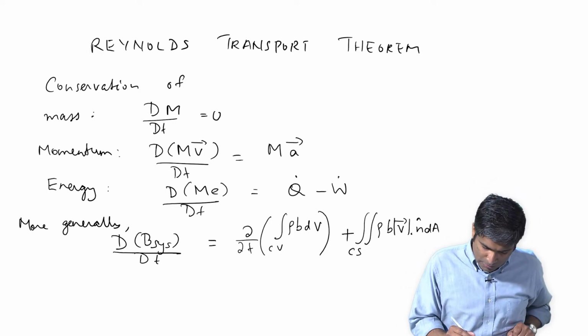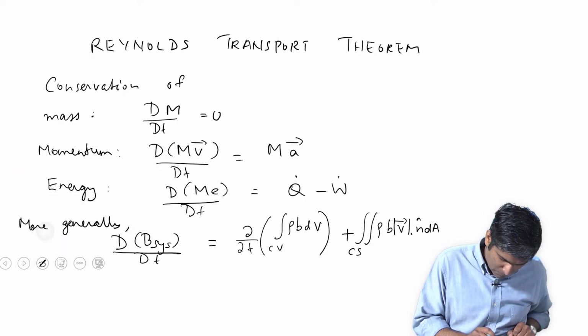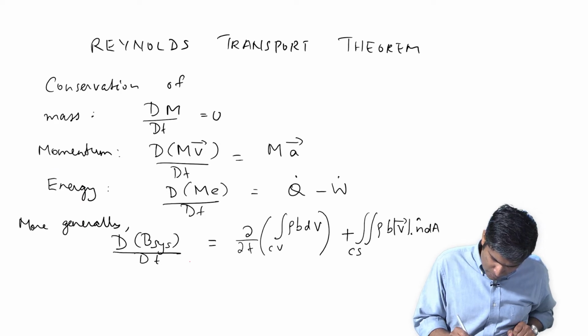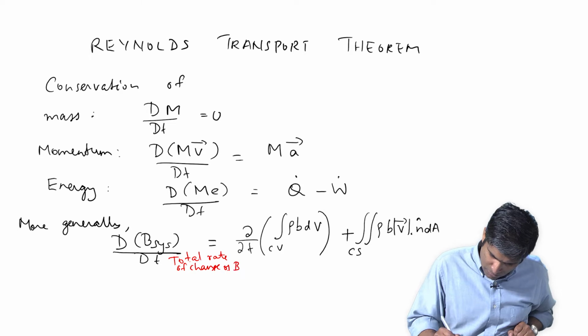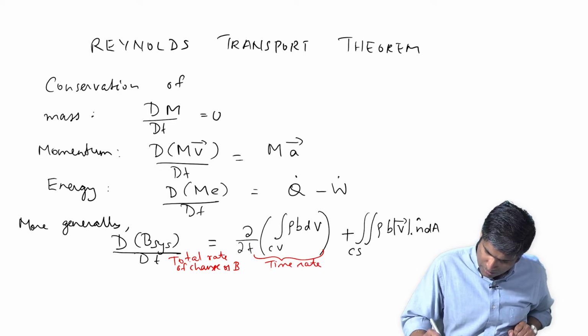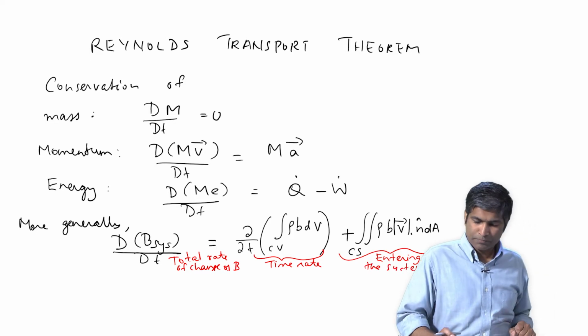So this is the total rate of change. This is due to the time rate of change, and this is due to whatever is entering or leaving the system through the surface area.